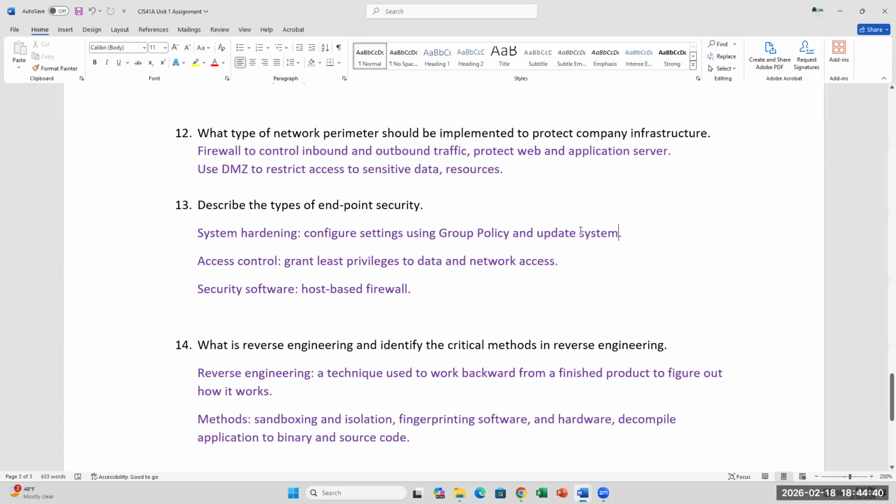So these things reduce your vulnerability, right? Which really lowers your risk. Then access control. We need to look at how privileges are given to specific accounts or groups for data access and network access.